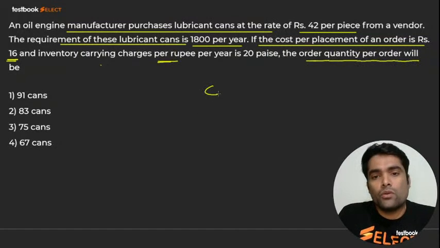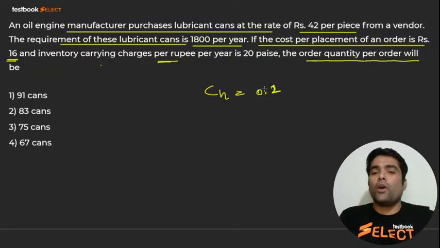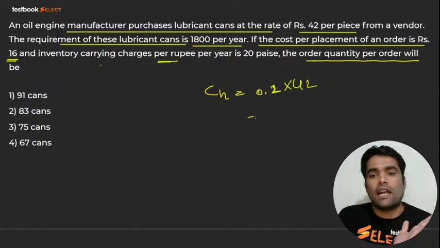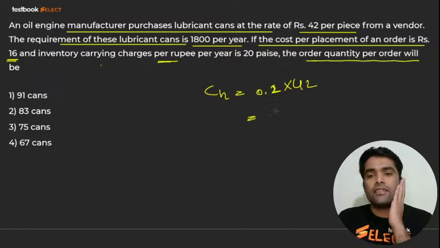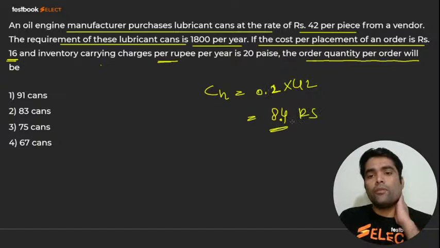So, my dear, first of all you have to calculate CH only. CH will be 20 paisa, that means 0.2 rupees, but it is per rupee. So for 1 rupee it is 0.2, and for 42 rupees you have to calculate. That gives 84, so it should be 8.4.